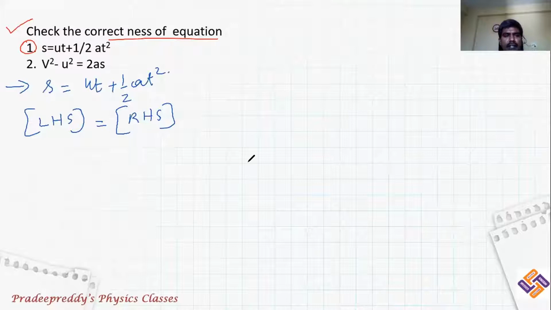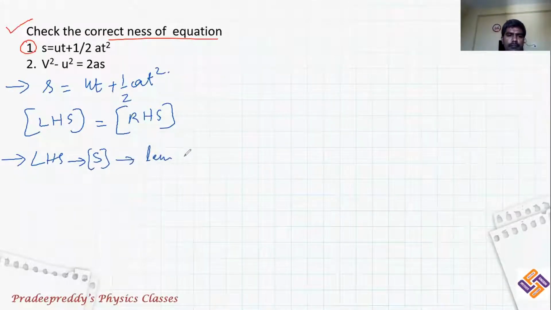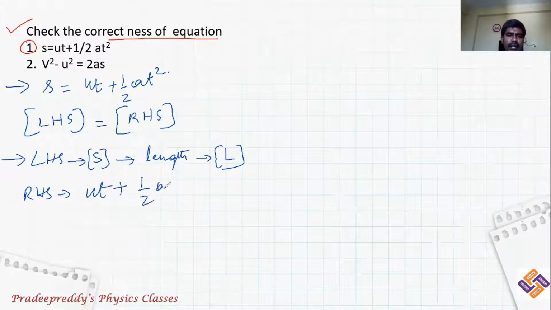So let us take the left hand side. What do we have on the left hand side? Displacement, right? What is the displacement dimension? It is length. So on the left hand side, you have L. Next, let us go for the right hand side. On the right hand side, we have this total part, ut plus half at square. What is u?